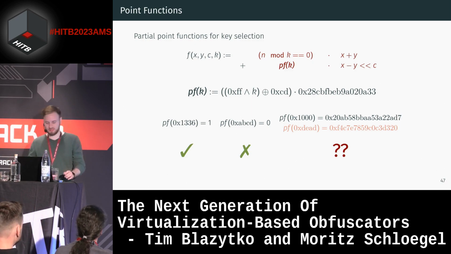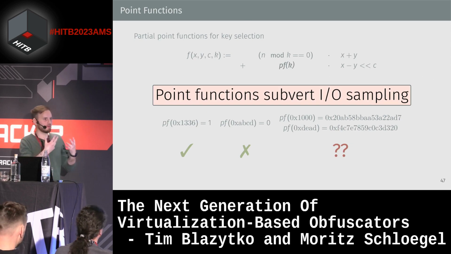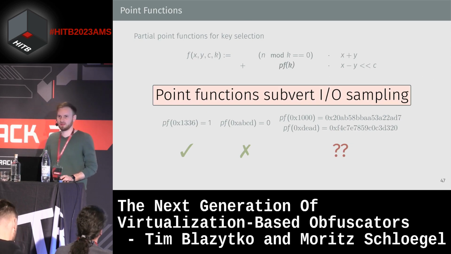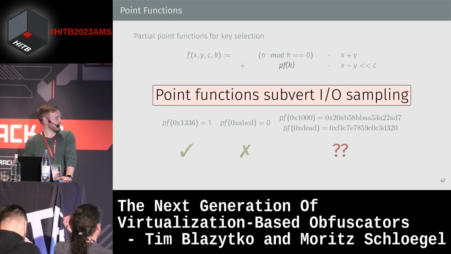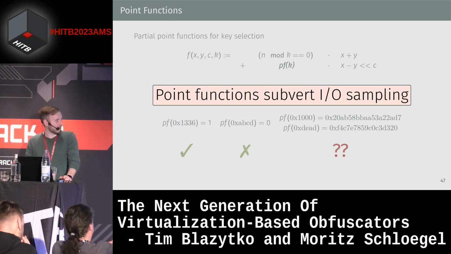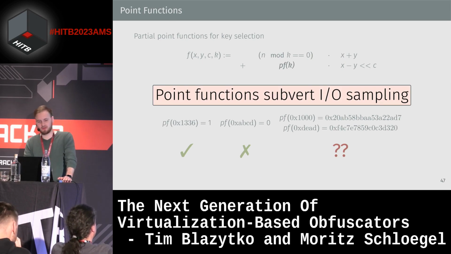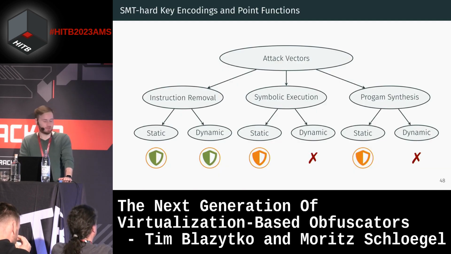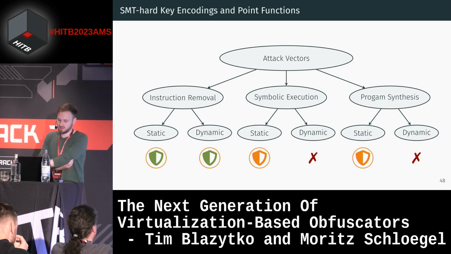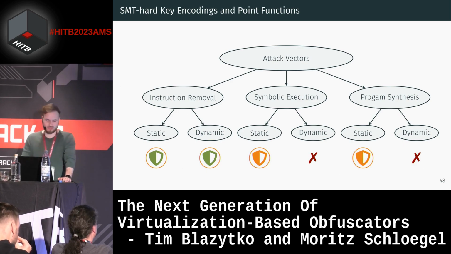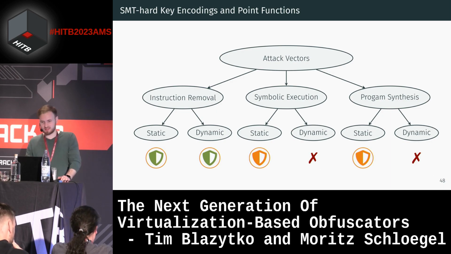That's the I/O sampling you use before learning the function. And if you just learn random garbage for most of your inputs, you can no longer synthesize an expression. Now there's a huge caveat. This only works for a static scenario where you assume the attacker has no access to the keys at runtime. And we can do better than that.